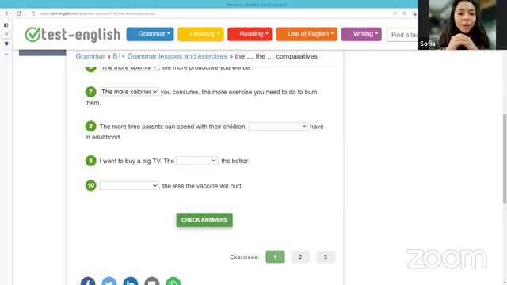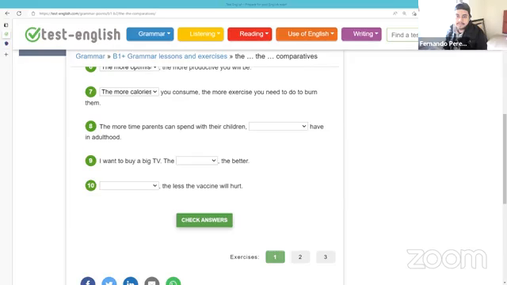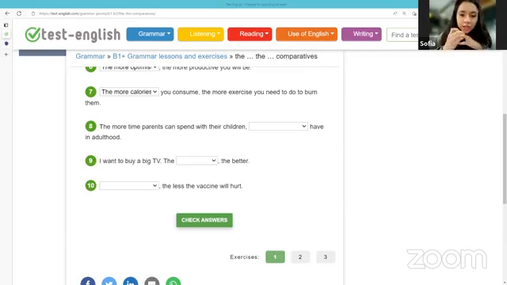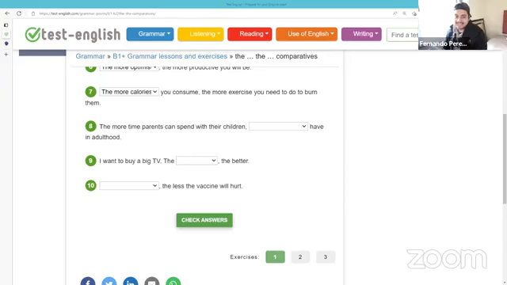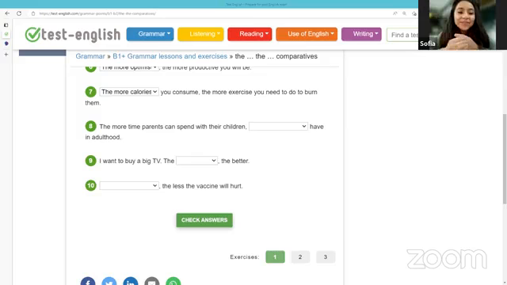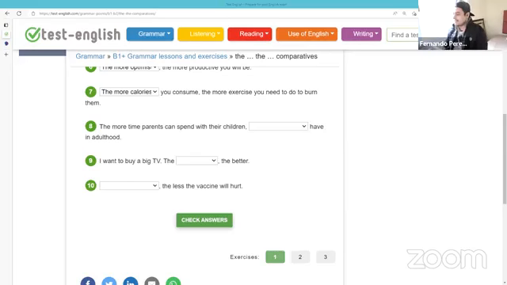But okay, "The more time parents can spend with their children, space has in adulthood." We are talking about traumas. Yes. Well, more time, more time parents spend with children. You have to check if it's the trauma or we're talking about the solution.